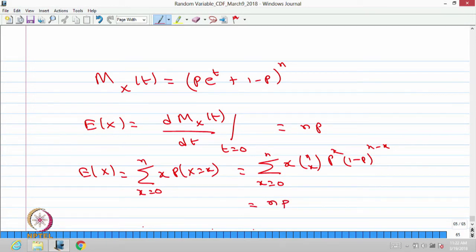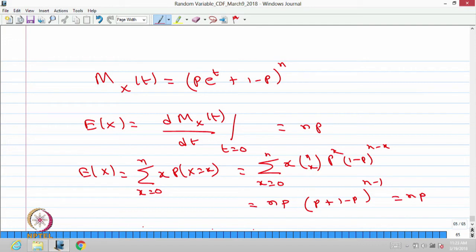Therefore, the simplified quantity becomes n minus 1 c x minus 1 p power x minus 1 and 1 minus p power n minus x. So, that is nothing but p plus 1 minus p power n minus 1, and you know that that value is 1, therefore, this is going to be n into p.